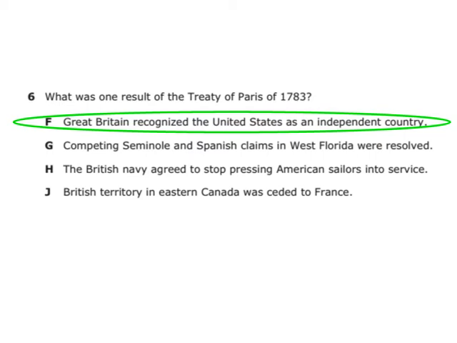Remember, the Treaty of Paris of 1783 was after the American Revolution. We won the Battle of Yorktown in 1781. 1783, the war is over. Great Britain recognizes the United States as an independent country. Okay, fine. We're done with the war. You're independent. We've signed the Treaty of Paris, 1783.